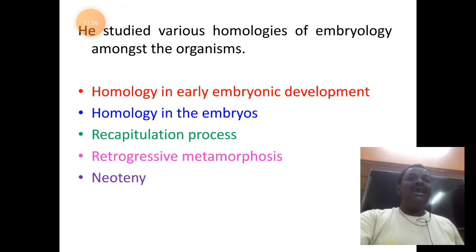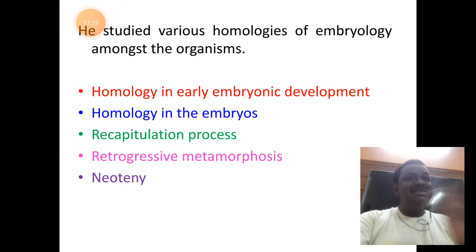So the evo-devo concept, that is the evolutionary developmental biology concept, is based on the similarities or homologies of embryos of different organisms. So different embryos that share common characters are the basis for evolutionary embryology.